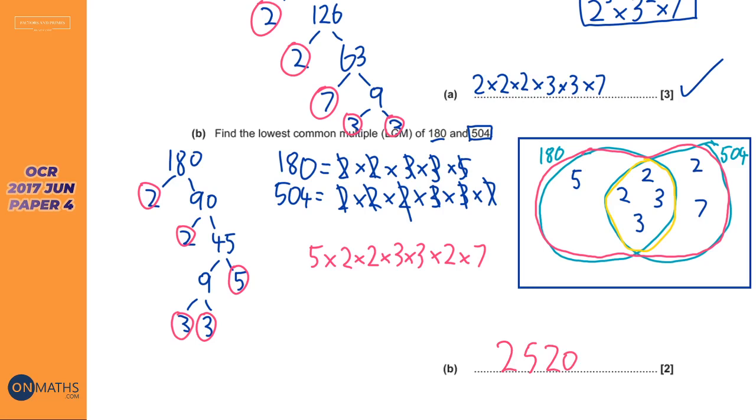Now, one of my students asked me a year ago, they said, can you not just multiply all these together? Would that not give you the same answer? And the reason that doesn't give you the same answer is, notice when I wrote this 2 down here in the Venn diagram, I crossed out 2 of them, but I only wrote it once, and that's the difference.